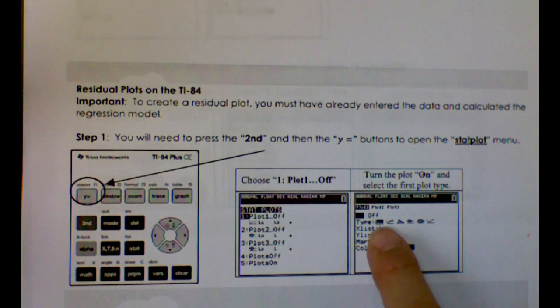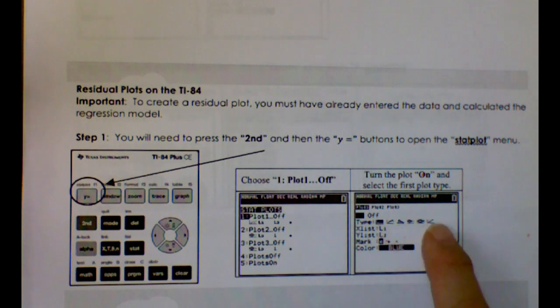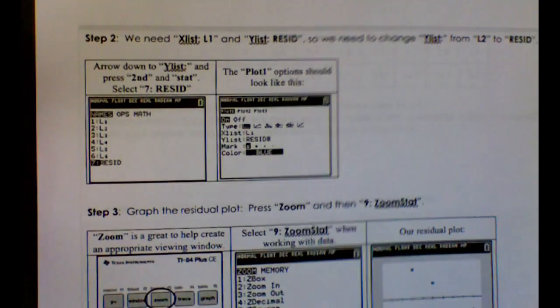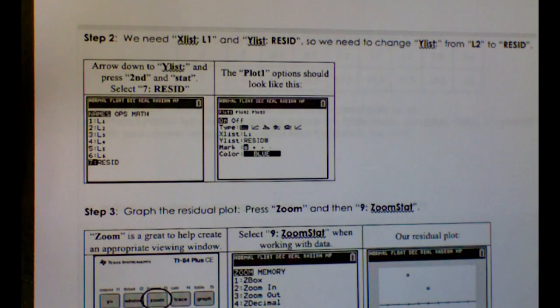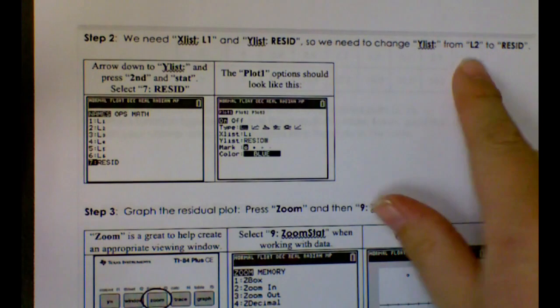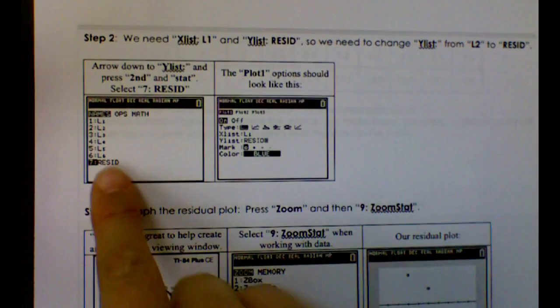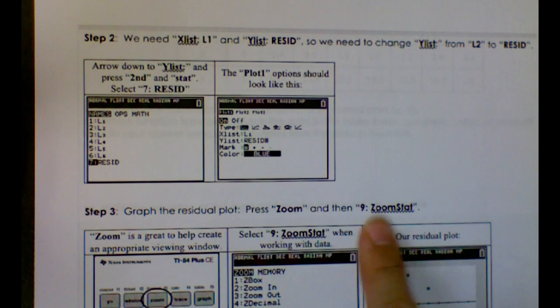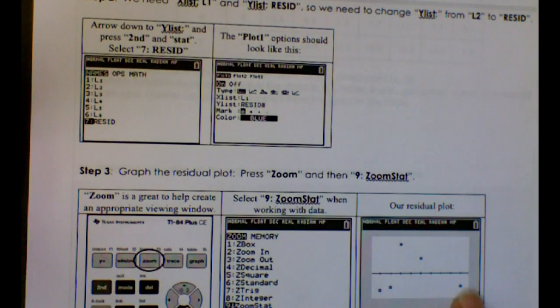You can use a scatter plot, a line graph, bar graph, all sorts of different plots. We need to choose the X list, L1, and Y list, resid. So you have to change it from L2 to resid. And notice it gives you options. And then you'll graph the residual plot and hit zoom 9 for zoom stat. And that's what our residual plot should look like.